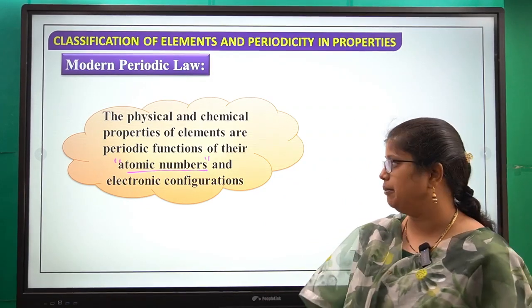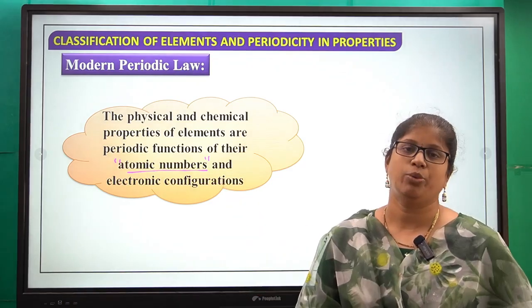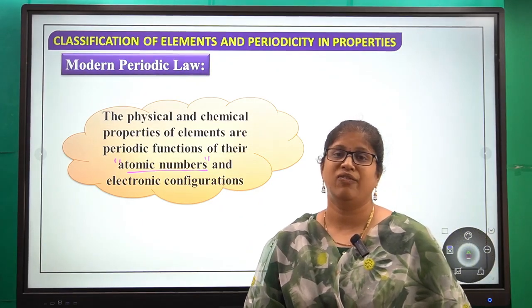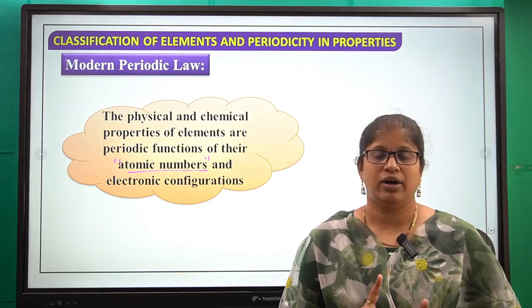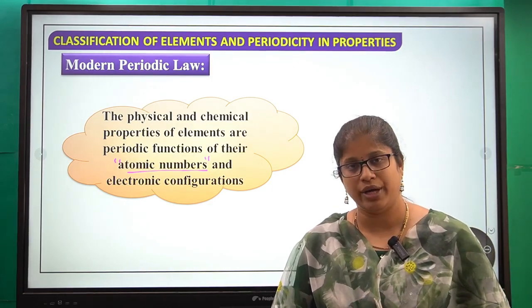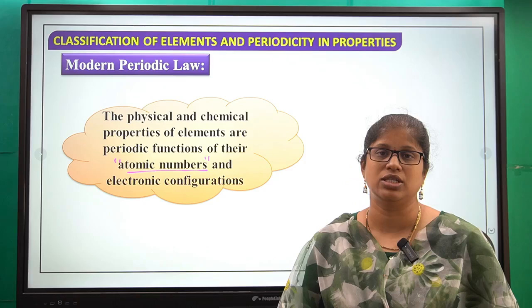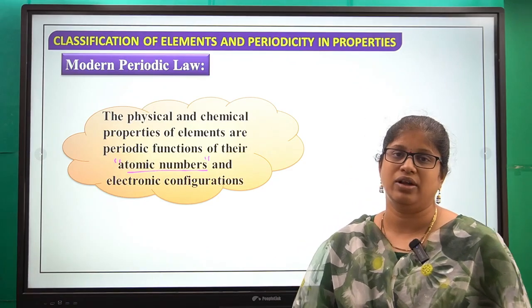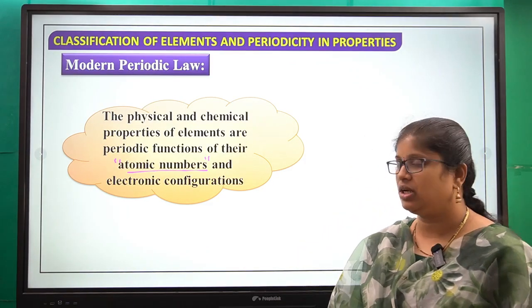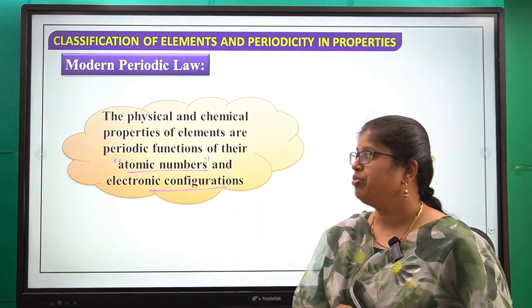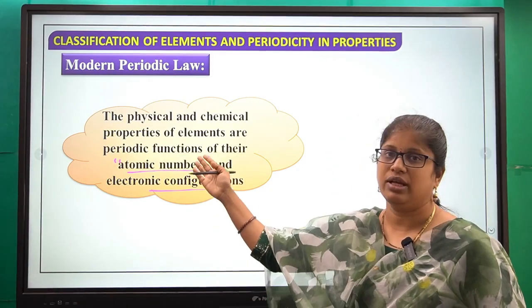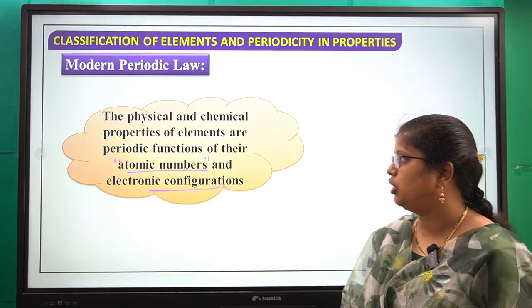If we know the atomic number, we know the number of electrons. Already we learnt in the previous chapter that atomic number is equal to the number of protons, which is equal to the number of electrons. Based on that number of electrons we write the electronic configuration. So we can take into consideration either atomic number or electronic configuration.